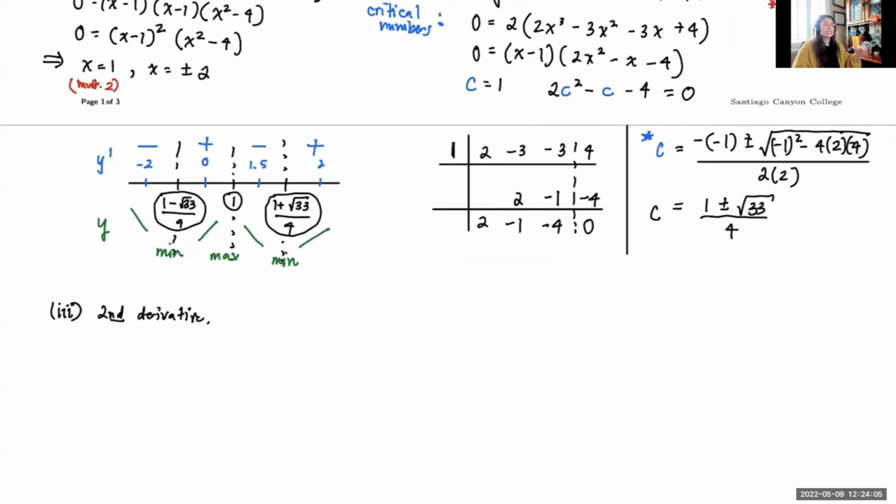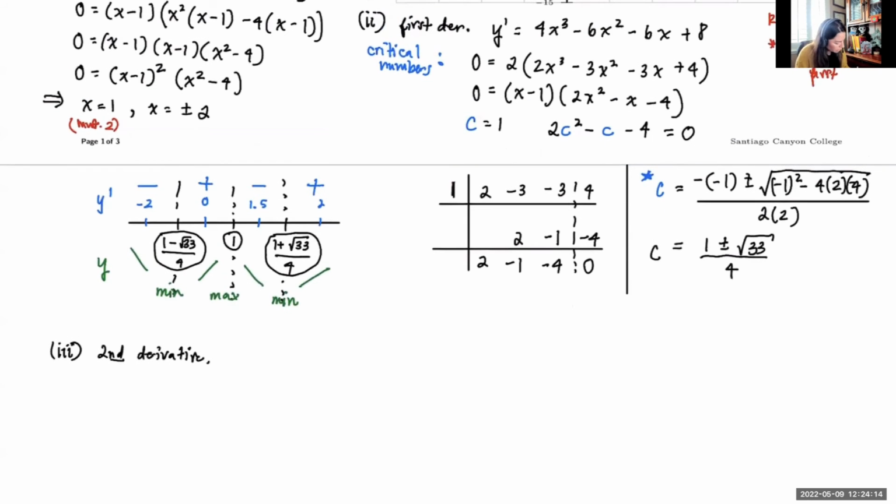All the processes. I start with the algebra, then I talk about the first derivative, then I talk about the second derivative. So let's go ahead and take that second derivative, which is going to be 12x squared minus 12x minus 6.